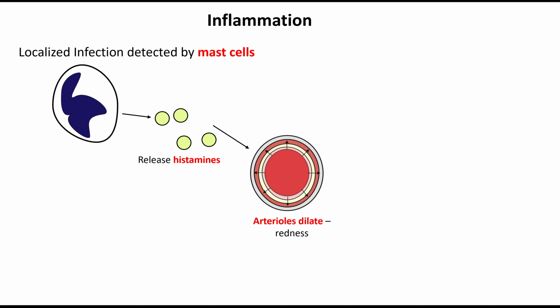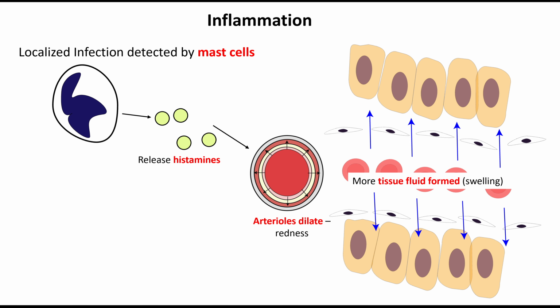Not only does it become red, it also becomes swollen. And the reason it becomes swollen is because those histamines signal for the endothelial cells to become more leaky. So there's more leakage that's going to happen at the fenestrations, those gaps, to allow for more tissue fluid to be formed.